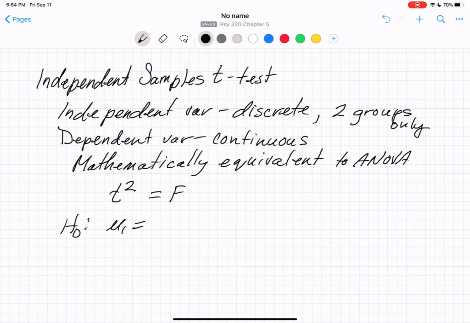So mu1 equals mu2. So you write it just the same as you would for ANOVA. Just keep in mind it's only going to have two groups. For the alternative hypothesis, we're going to write mu1 does not equal mu2. We're going to do this for the t-test because, again, you're only going to have two groups. So you can always just write mu1 does not equal mu2.